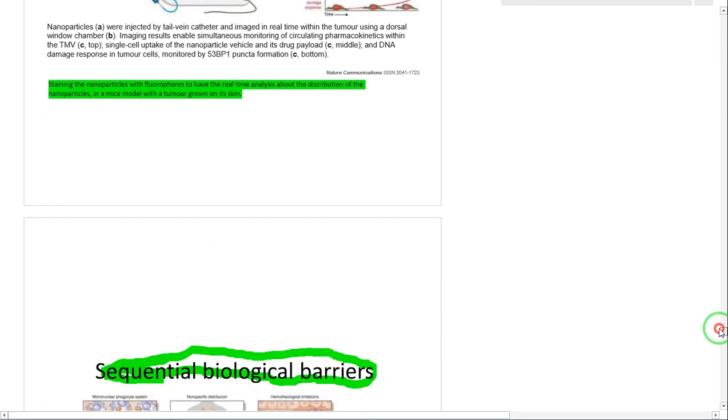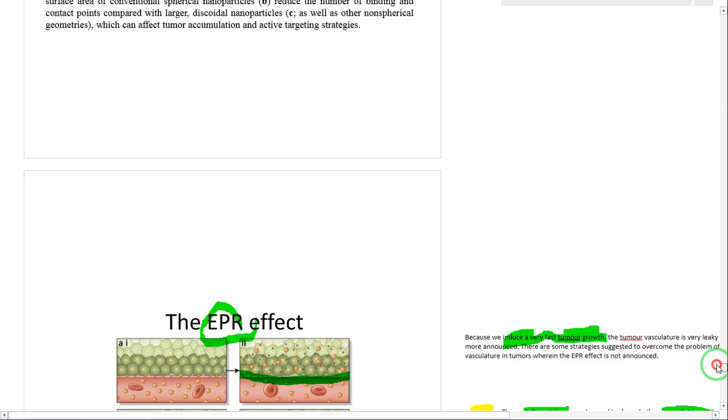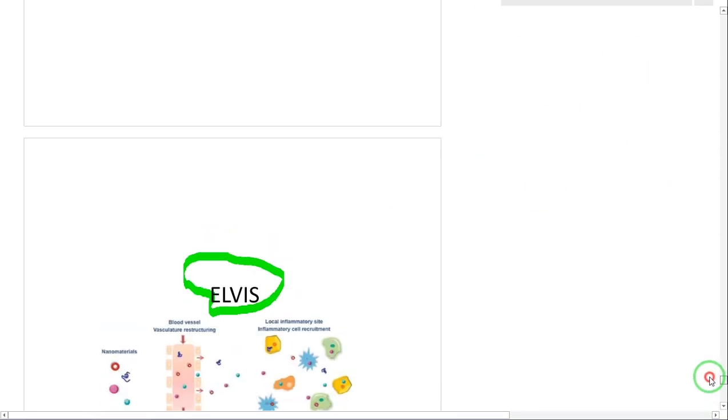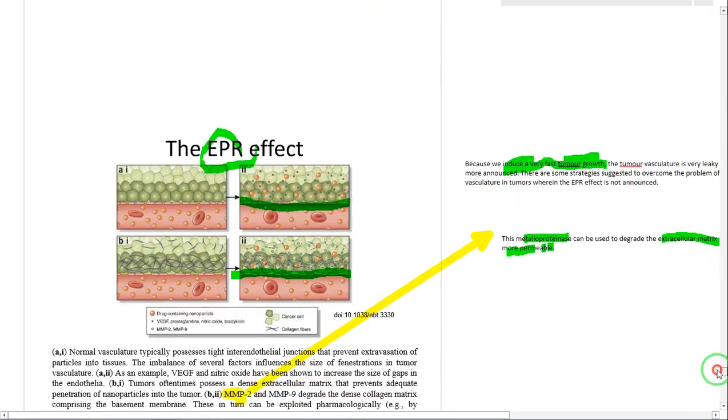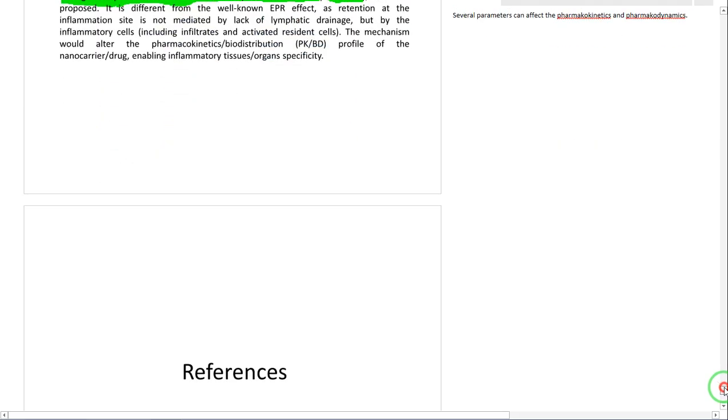The charge, the physical and chemical properties, the barriers, the coating, the margination, the shape, the EPR effect, the ELVIS, and everything.